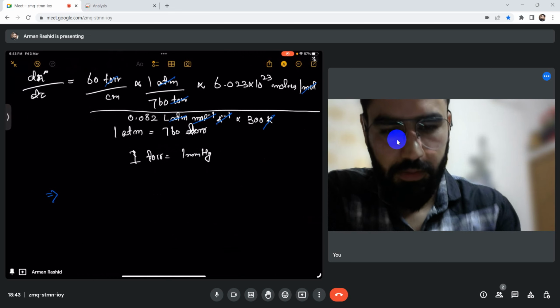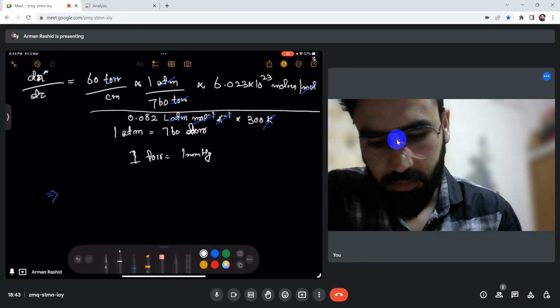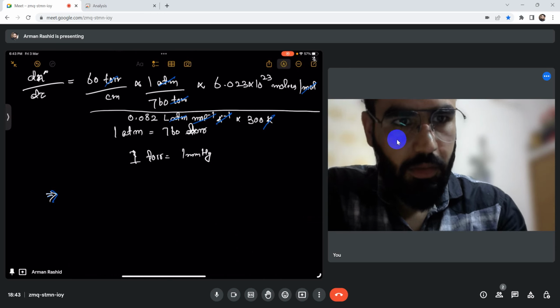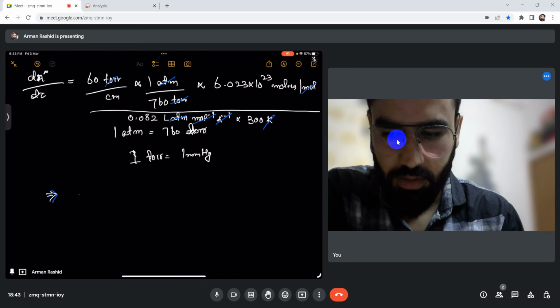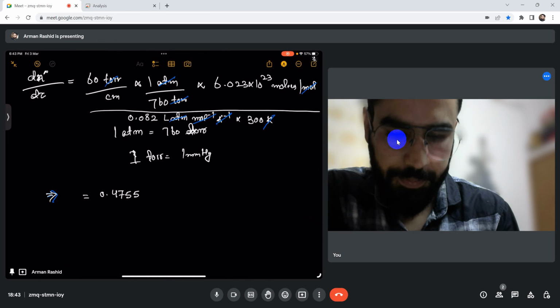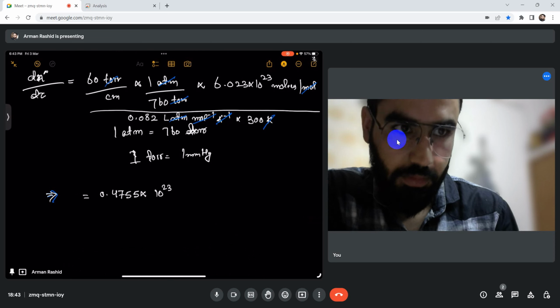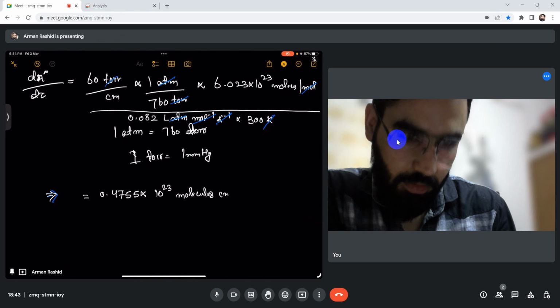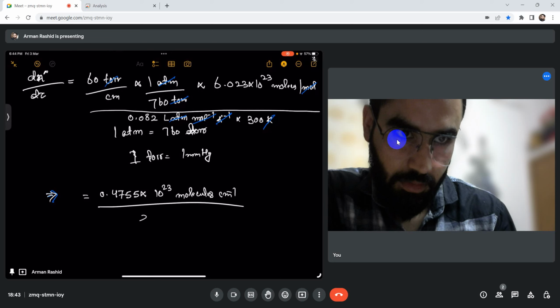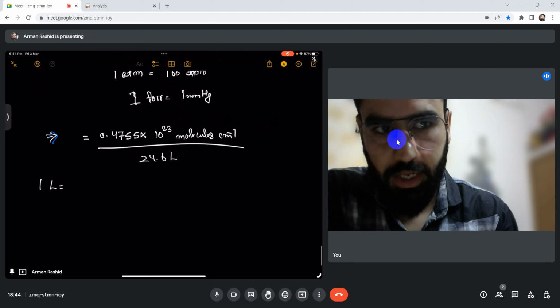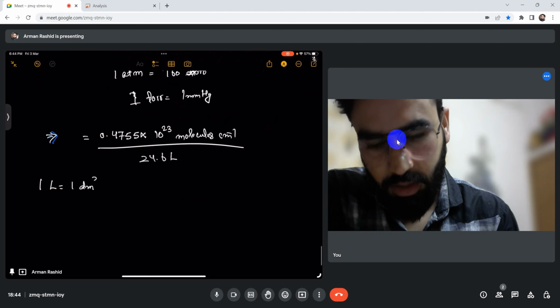Now we'll go further. 0.4755. We know that 1 liter is 1 decimeter cube, that is given by 1.